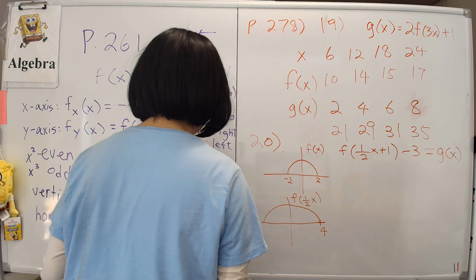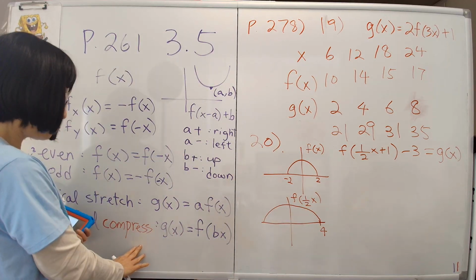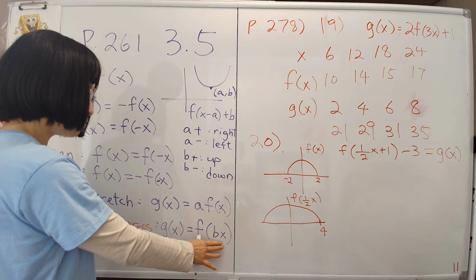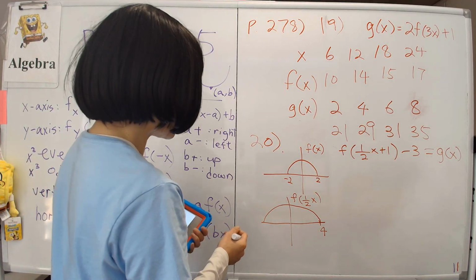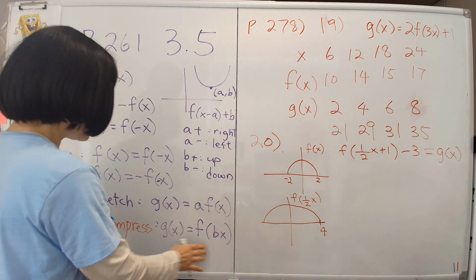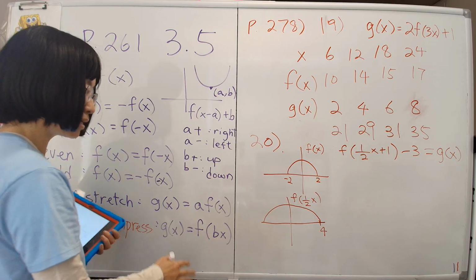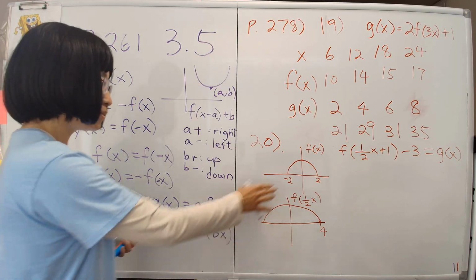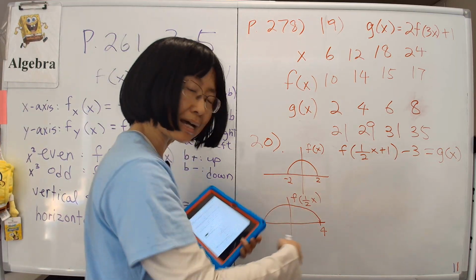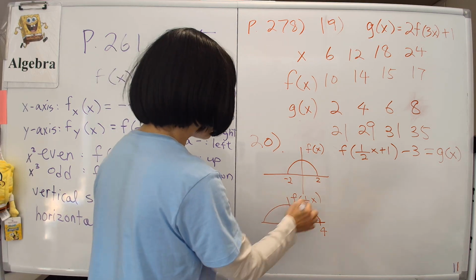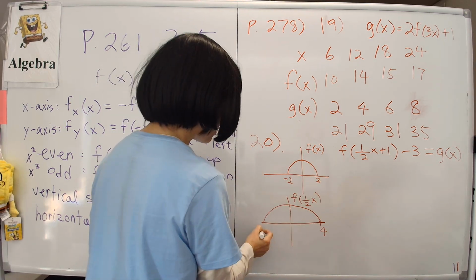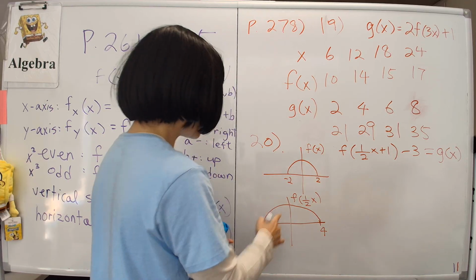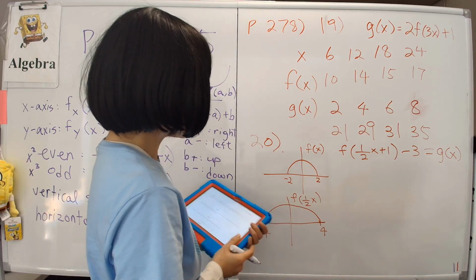As I have mentioned before, the horizontal compression is when you stick in a number b, in this case we have 1/2, because if b is bigger than 1, then it becomes a compression. But in this case b is 1/2, so we're actually stretching it. So your half circle-like thing is now being stretched both ways like that. So far so good.